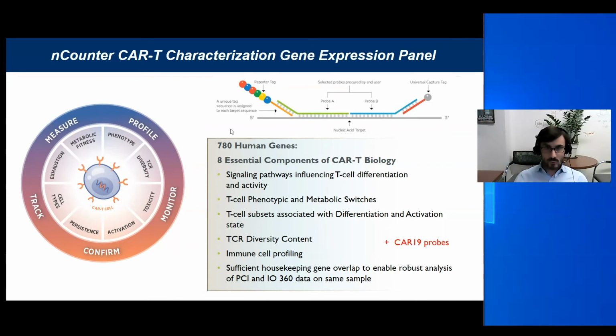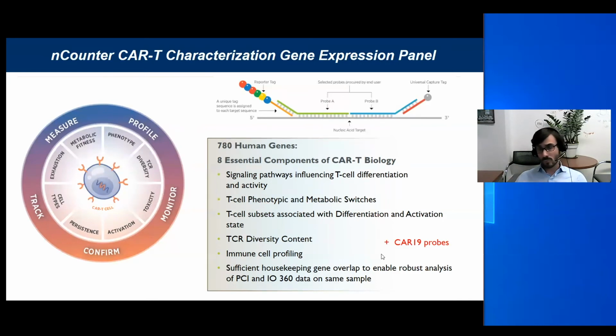And for this study, we used a panel that was developed recently by NanoString, including 780 genes, including 8 essential categories for CAR biology. You can see one category is signaling pathway related to T cell differentiation and activity, T cell phenotypic and metabolic switches, T cell subset, TCR diversity, immune cell profiling, and other housekeeping genes that allow us to control for the expression of the other genes.